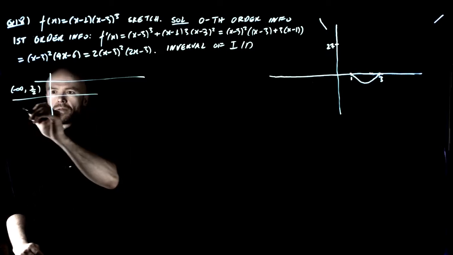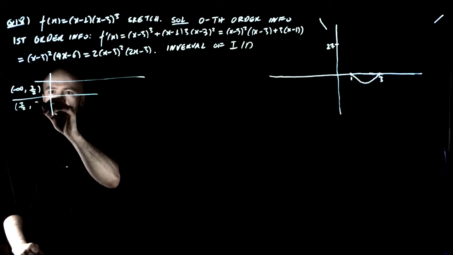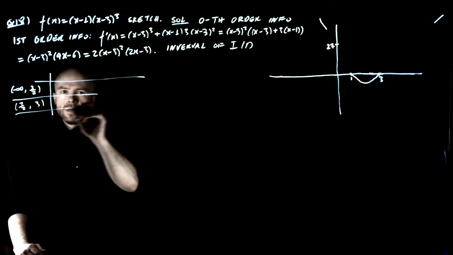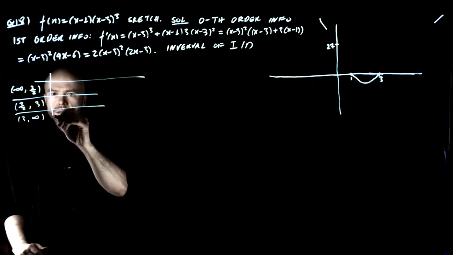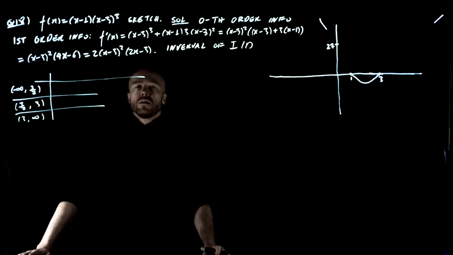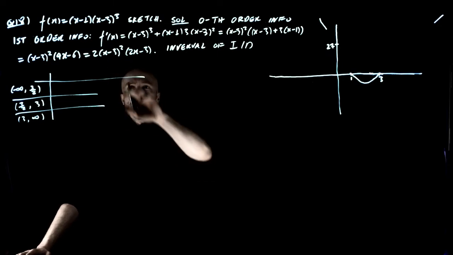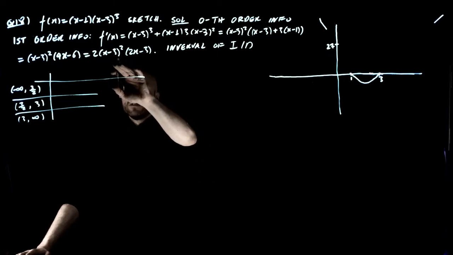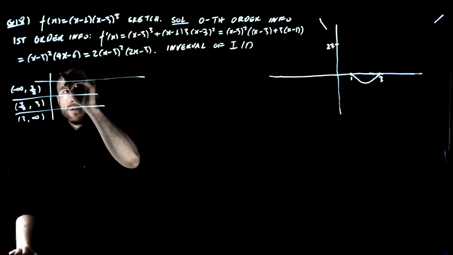Our next interval will be from 3 over 2 to 3, and then our next interval will be from 3 to infinity. Let's put in our factors. Actually, we are making too much heavy lifting here. This is always a positive number, so I actually don't care about this guy very much. But since we've started, let's put it in just to be systematic.